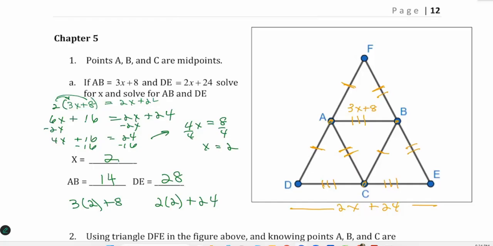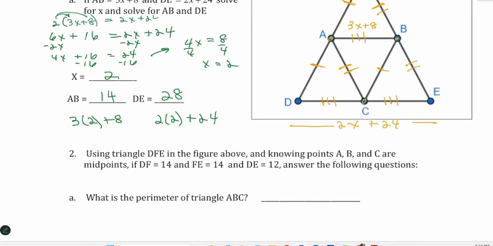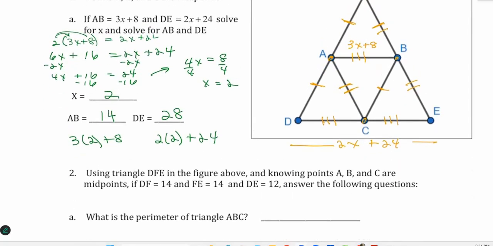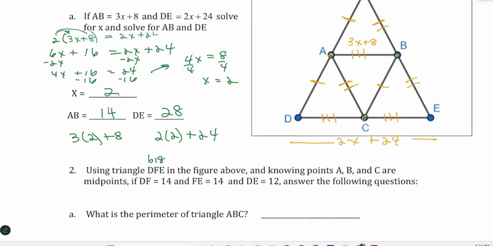So I caught my mistake because I didn't have the relationship of 1 to 2 for my mid-segments there. Now it says using triangle DFE, that's the big triangle, and knowing points A, B, and C are midpoints, if DF is 14, that's this guy, that's going to make this 7 and 7.